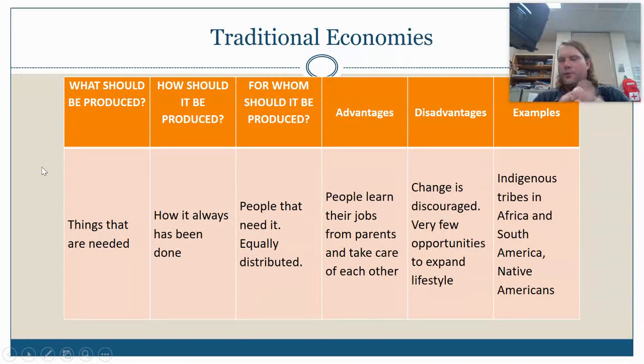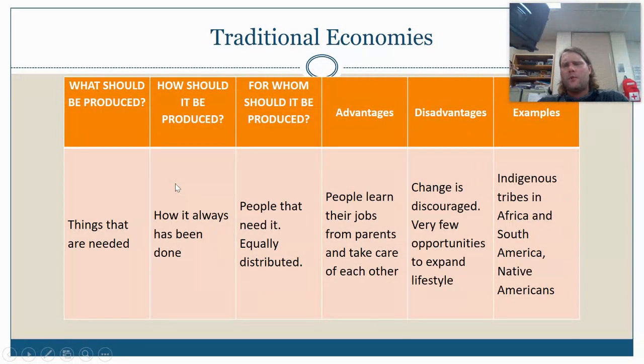They've got to find their food, probably some type of clothing, maybe weapons to try to catch food. And they're going to focus on producing things that are needed. And they're going to learn how to do those things. Maybe those skills get passed on from a parent or even a grandparent. It's going to be how things are always done.